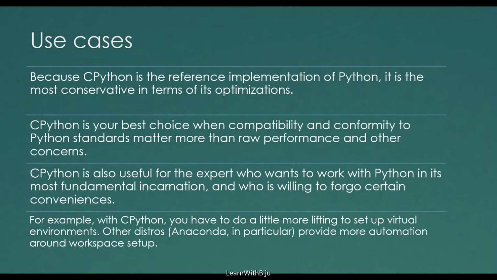CPython is also useful for experts who want to work with Python in its most fundamental incarnation and who are willing to forgo certain conveniences. For example, with CPython, you have to do a little more lifting to set up virtual environments compared to other distributions like Anaconda Python.